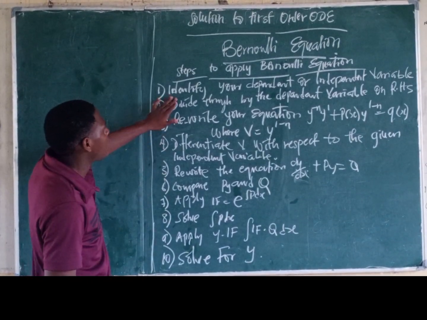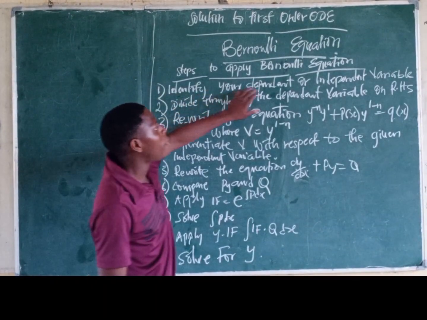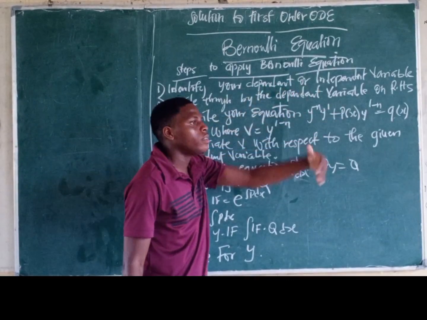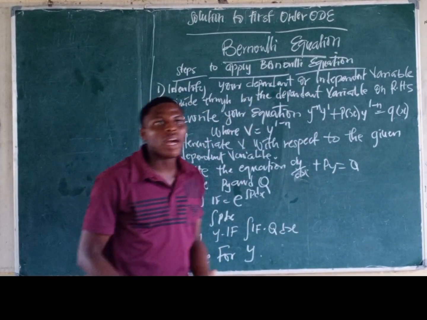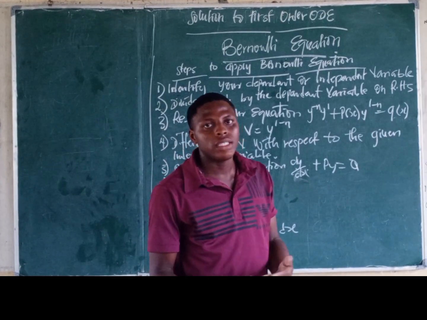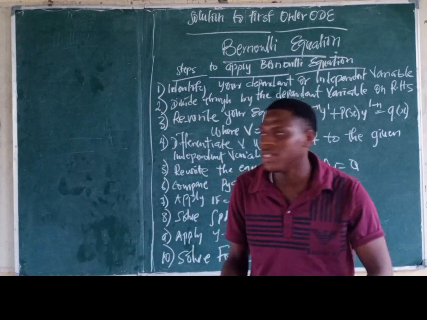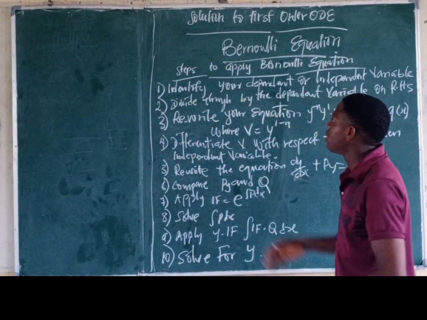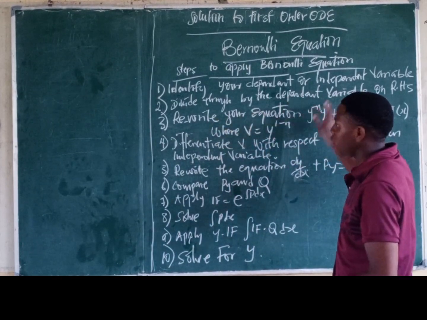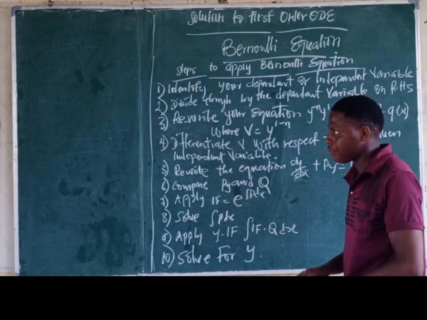The first thing is to identify your dependent and your independent variable. I've told you how to identify dependent and independent variables. The second thing is to divide through by your dependent variable on the left hand side.